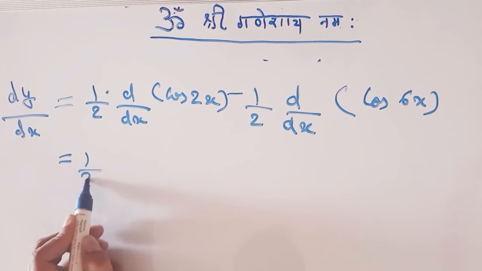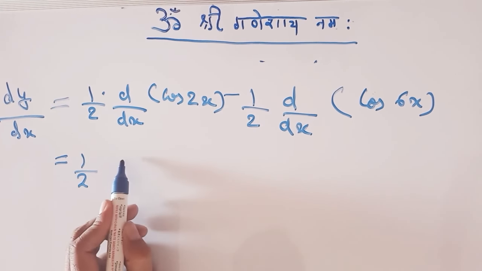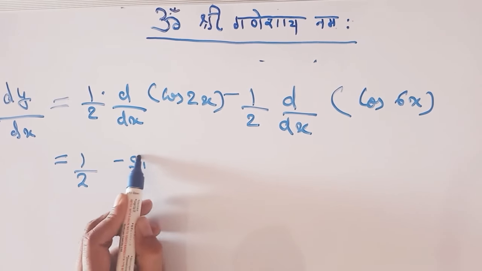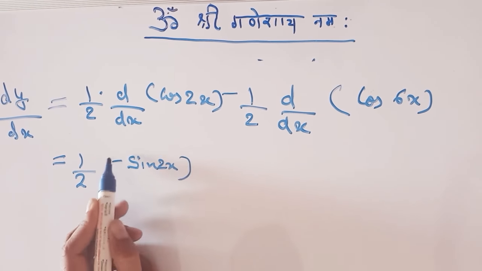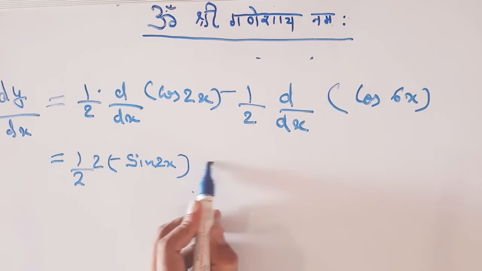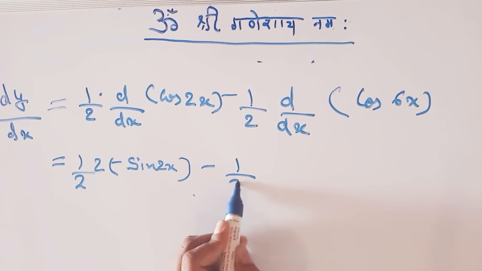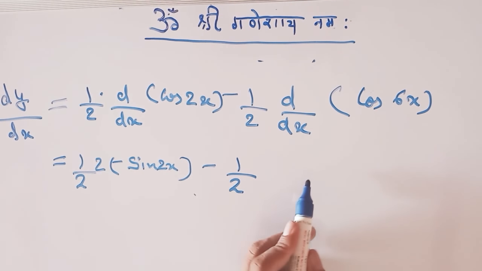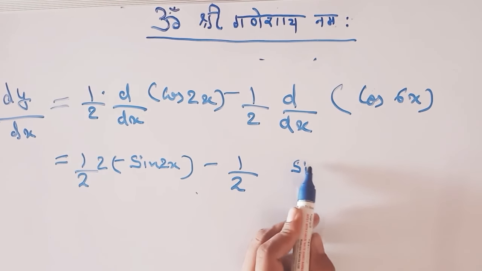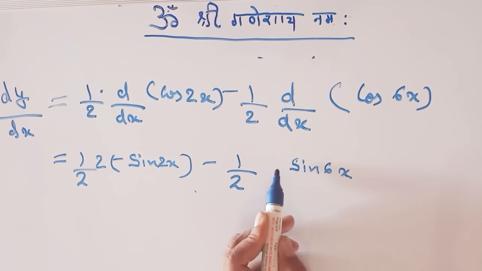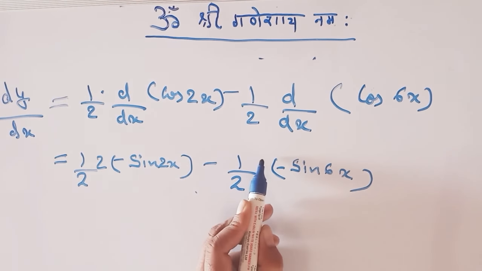So half will be same, and d by dx of cos 2x will be minus sin 2x multiplied by 2, minus 1 by 2 d by dx of cos 6x, which will be minus sin 6x multiplied by 6.